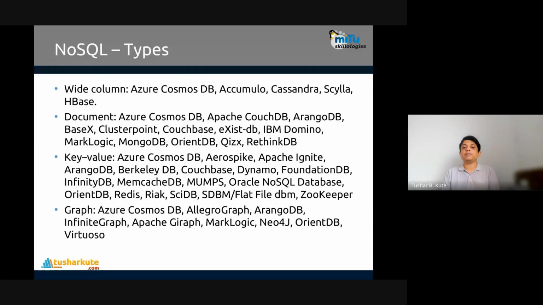Second, document databases. MongoDB comes under this category, document-oriented databases. Azure Cosmos DB, Apache CouchDB, ArangoDB, BaseX, Clusterpoint, Couchbase. Yes, they are document based. Then key value pair based databases. I hope in Python you may have heard about the key value concept in dictionary data structures. Similar ideas are used here.